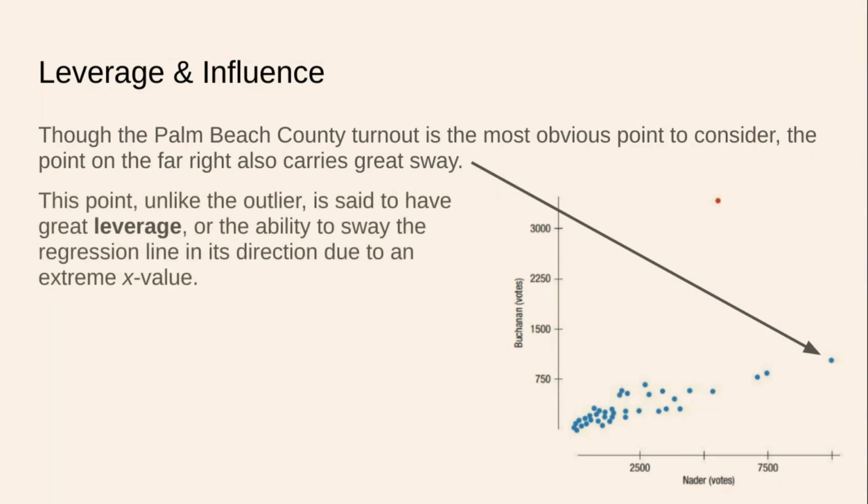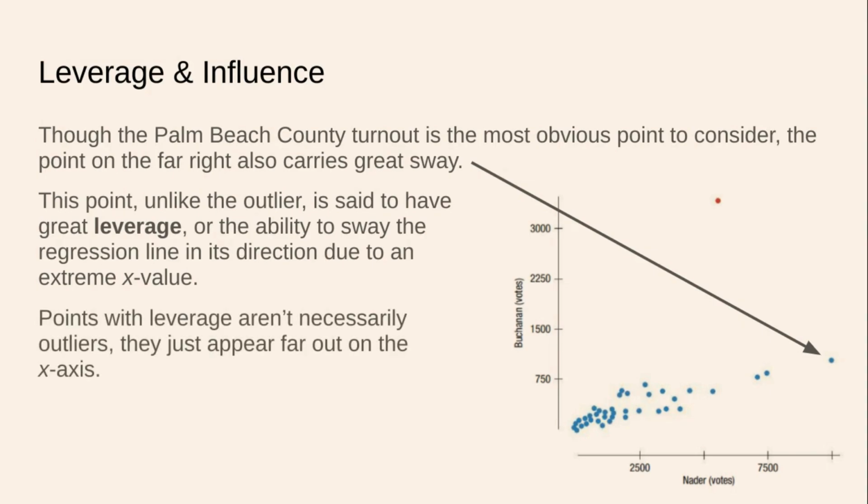That point, unlike the outlier, is said to have great leverage, all right? Leverage is the ability, so to speak, to sway the regression line in its direction due to an extreme x value. In other words, the higher the x-axis value a data point has, the more potency it has in swaying the regression line in its direction.